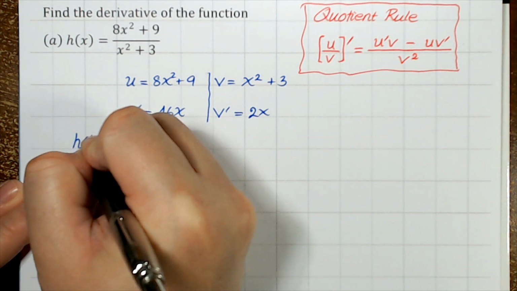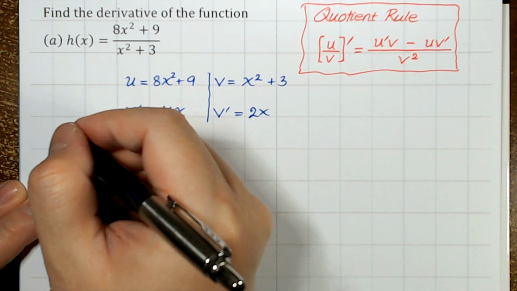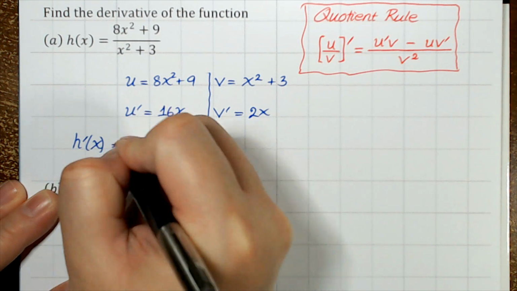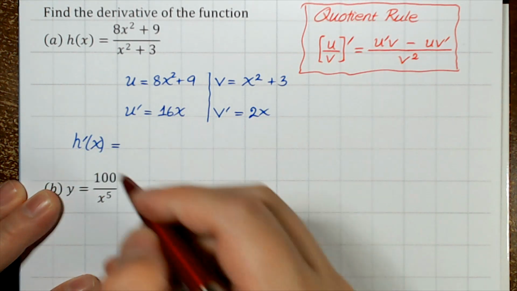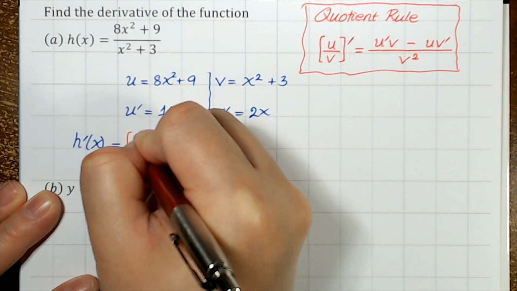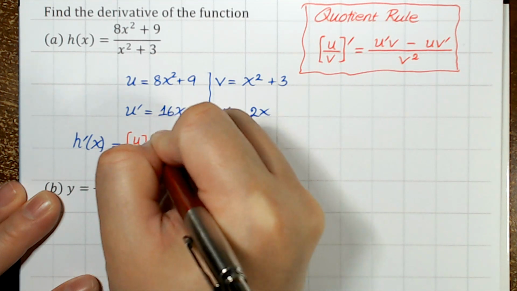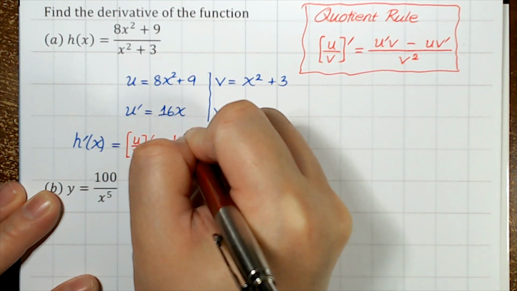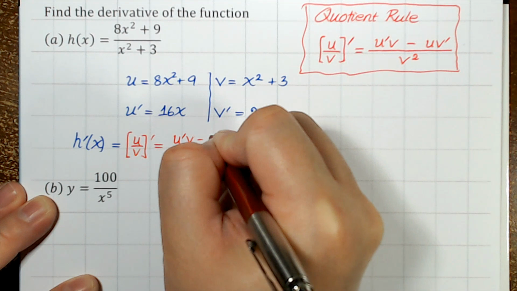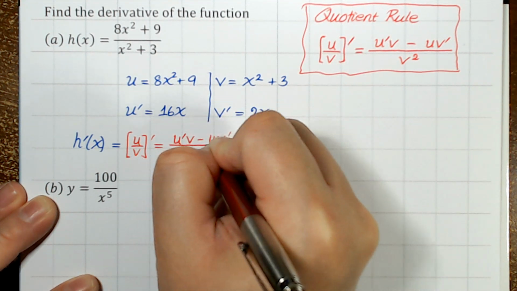Derivative of h of x equal to, now we're going to use the quotient rule. U prime v minus u v prime over v squared.